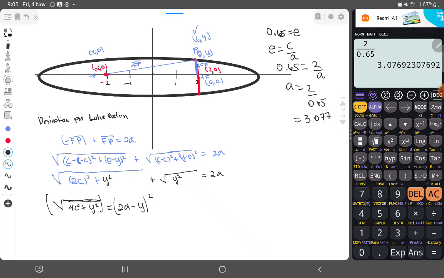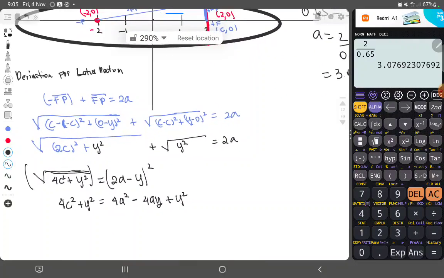So I will have 4C square plus Y square is equal to 4A square minus 4AY plus Y square.